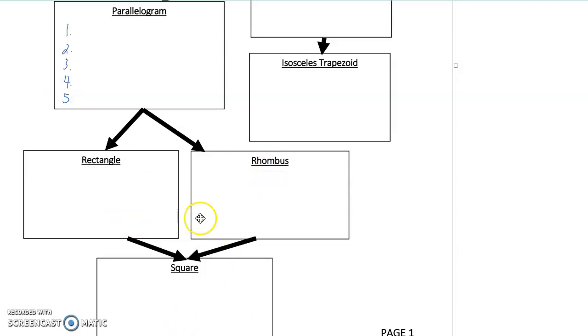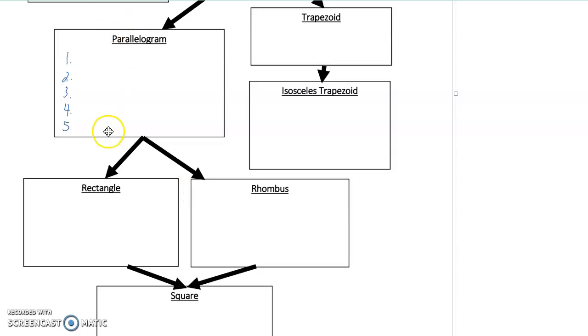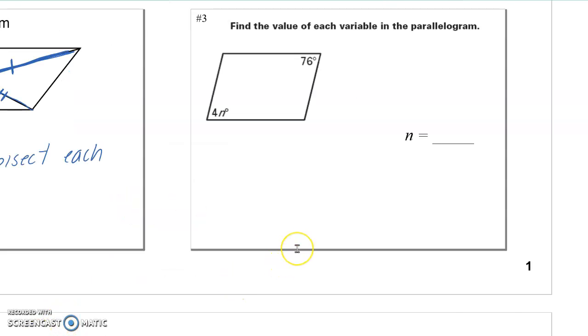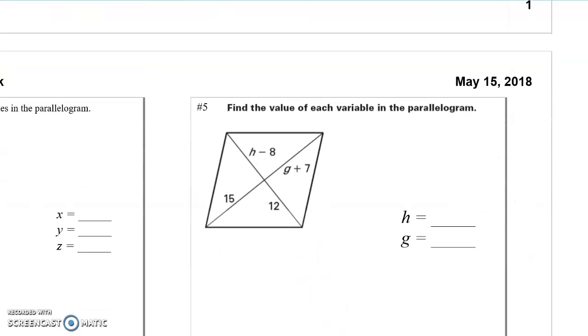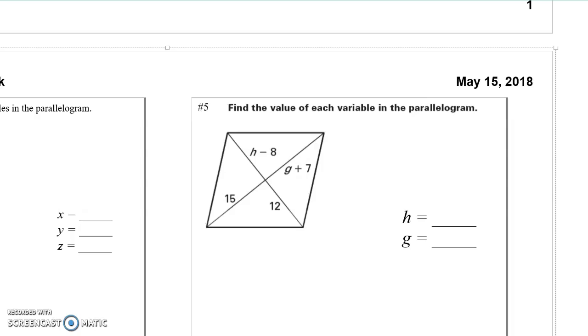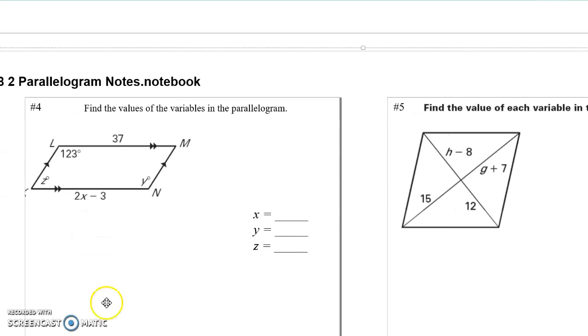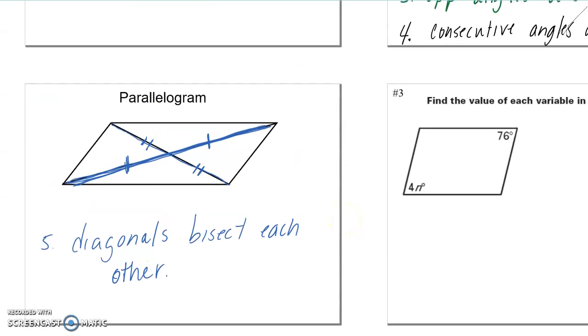So as we get into these, we're going to be more specific, but what I need you to remember is if you don't know these 5 properties, then you're not going to know all the properties of a rectangle. So that's something to consider. And could you go through these next couple questions real quick, pause the video, and see if you can get these done using the properties that we just went over.